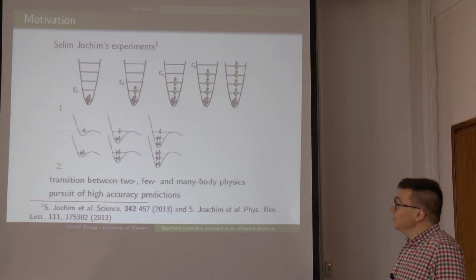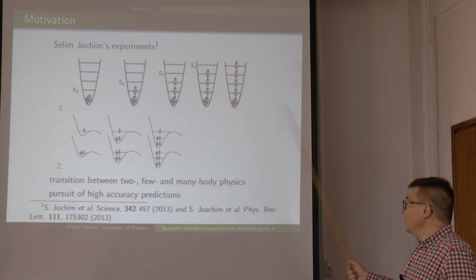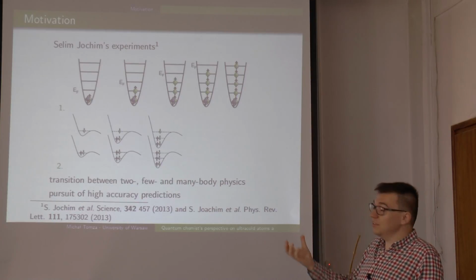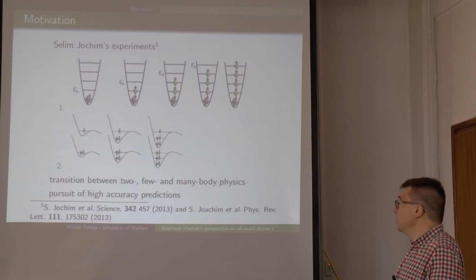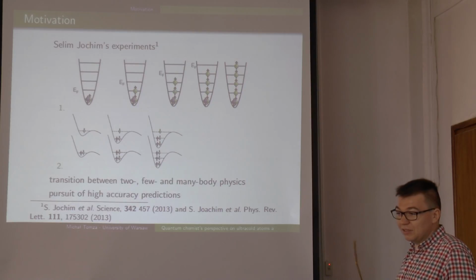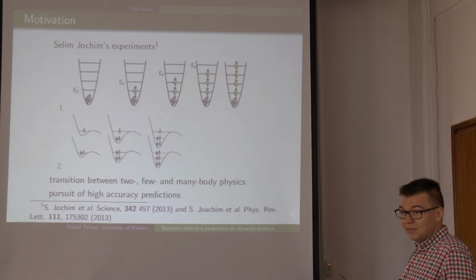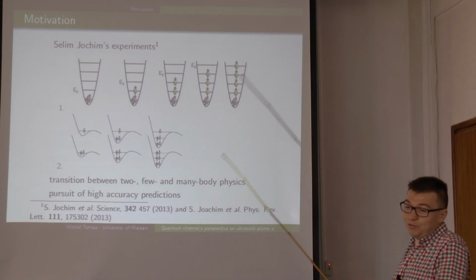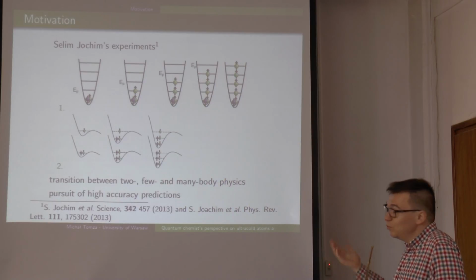Some motivation for this kind of work is that in the last years it has become possible to produce just a few Fermi atoms in traps in a very controlled way. So it was possible to produce 1, 2, 3, or 10, or any number of atoms in a trap. It was also possible to produce them in 1, 2, or 3D.